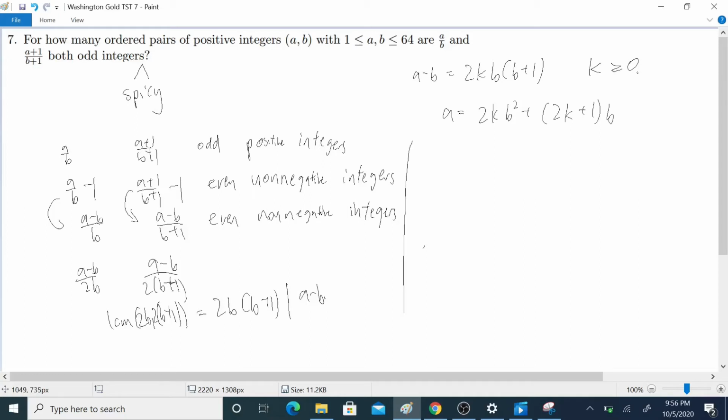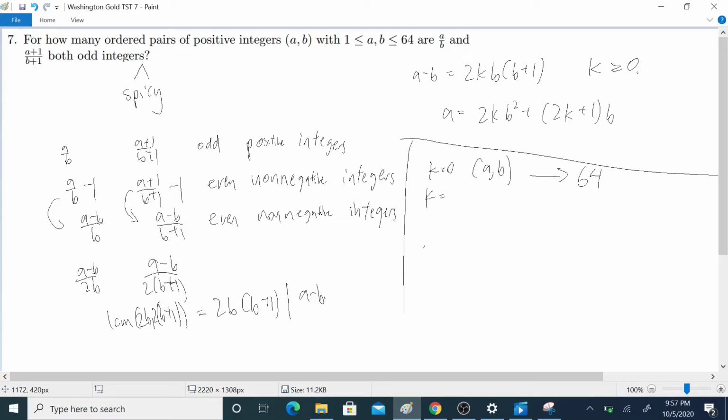Okay, now comes the really messy part. When k equals 0, how many solutions are there? Well, all such pairs are of the form a, b, right? And 1 ≤ a and b ≤ 64. So we have 64 solutions right off the bat.